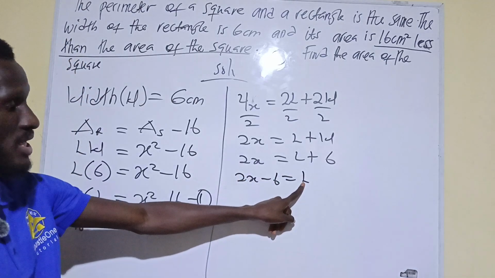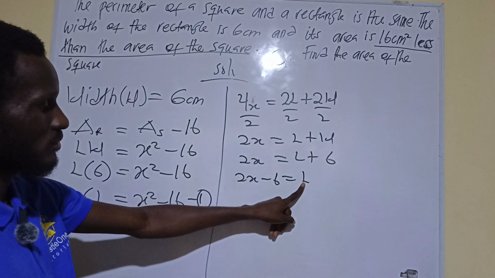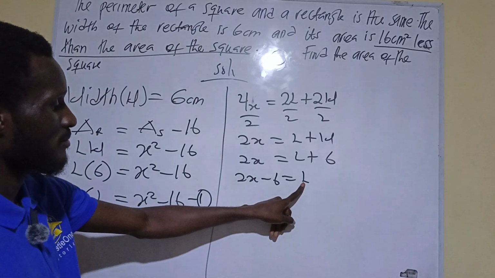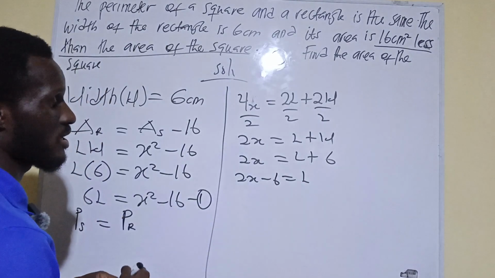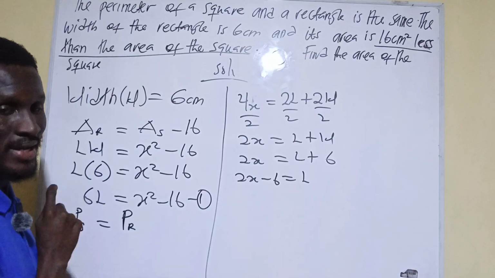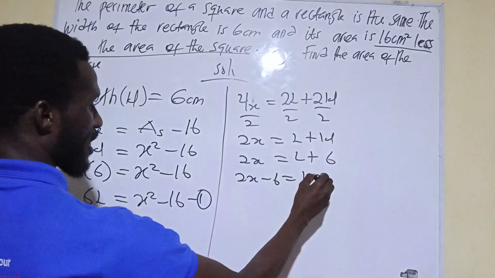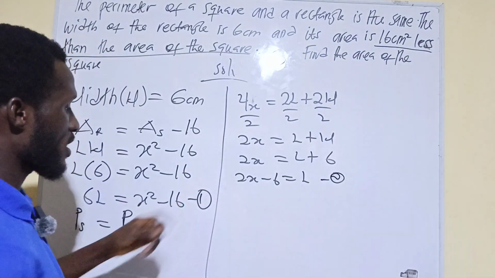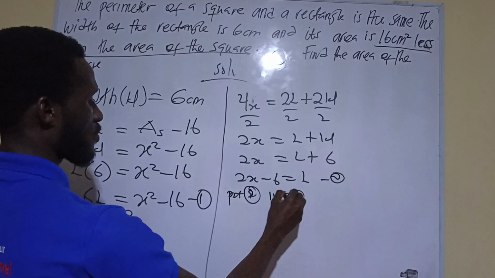Now, what is the meaning of this L? This L represents the length of the rectangle. So I'm going to have this one as equation 2. Now let me put equation 2 into equation 1.